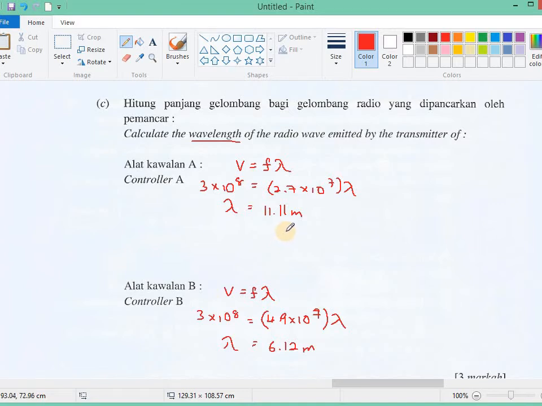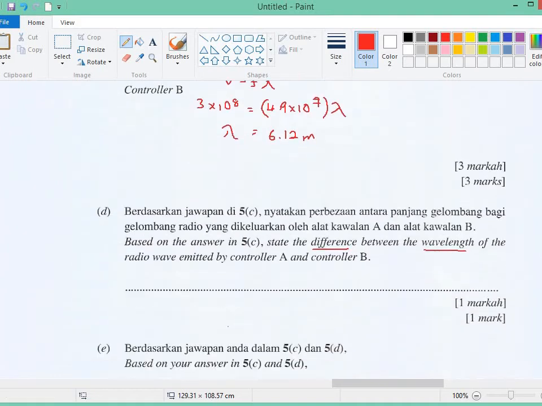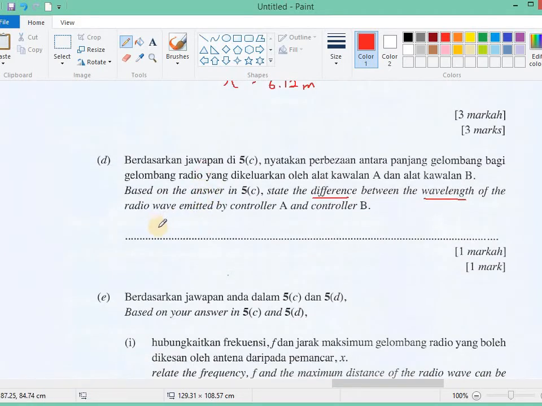Frequency low, then the wavelength will be higher. So wavelength A is greater than B. Okay, like that.